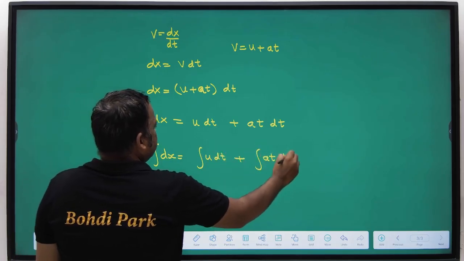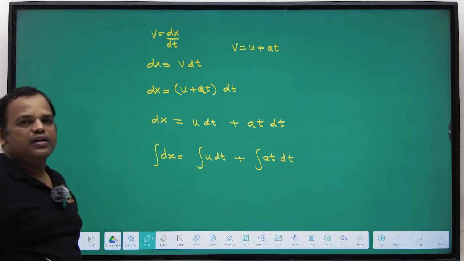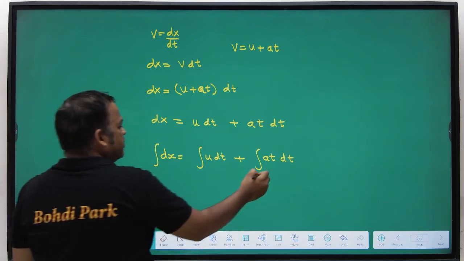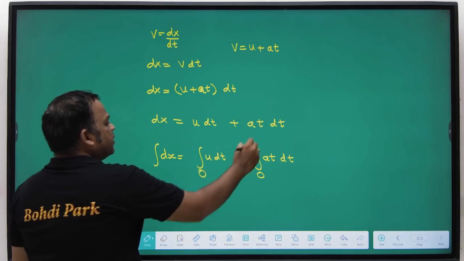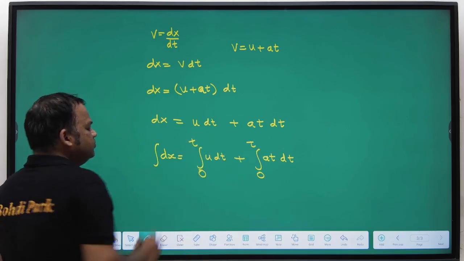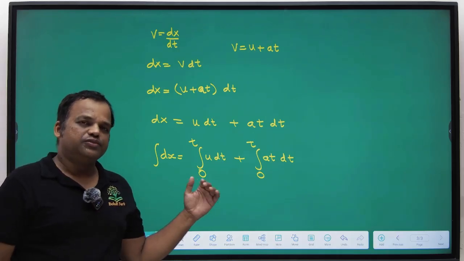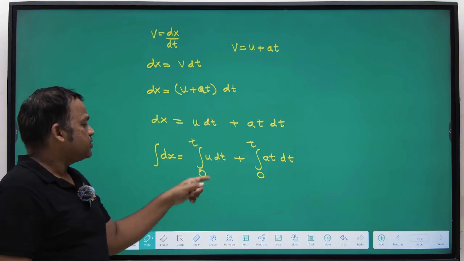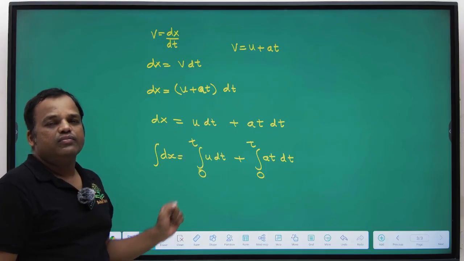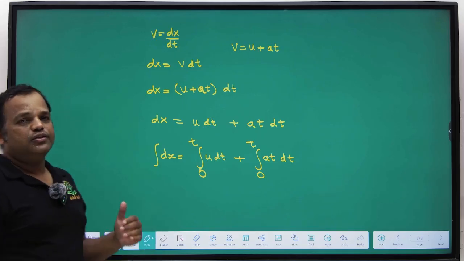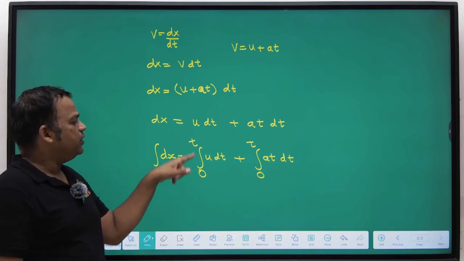Now we are assuming that the initial time is 0, so final time is t. Suppose the time changes from 0 second to 2 second, so we will write 0 to 2. If time changes from 1 second to 2 second, so we will write 1 to 2.